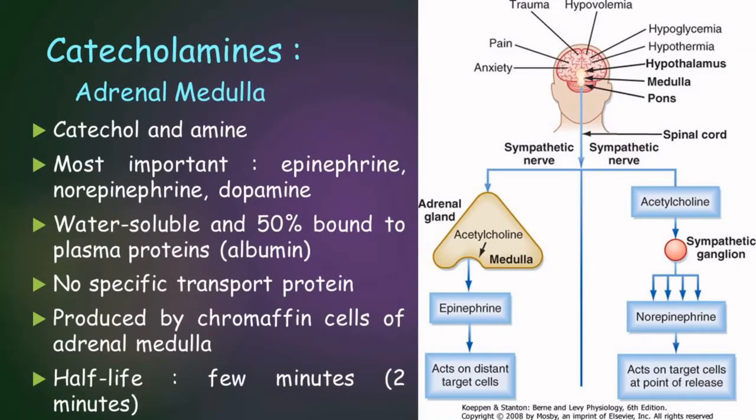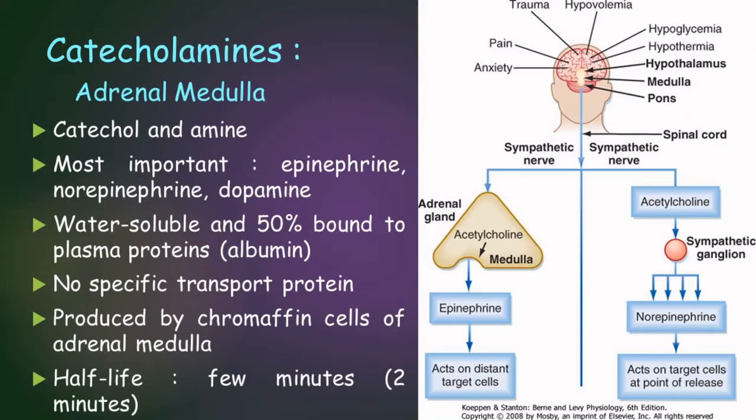So, the adrenal medulla releases catecholamines, and the structure includes two major structures, that is catechol and amine together. The most important of the hormones are epinephrine, norepinephrine, and dopamine.